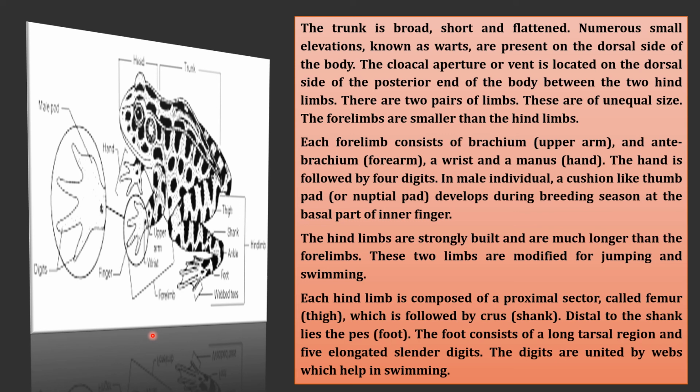Every digit of the hind limbs of a toad is connected by a thin membrane-like structure. That's actually a portion of skin, but it's a membrane-like structure. This is called web, W-E-B, web. The digits are united by webs which help in swimming. So this is the reason why web is present in hind limb, so that toad is called amphibia.